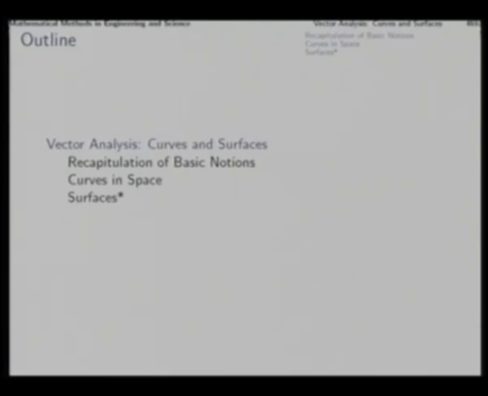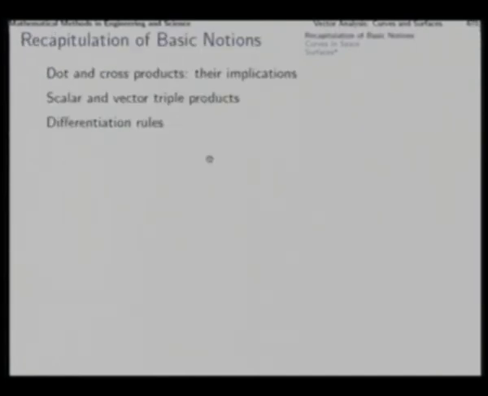So, the first section of this chapter of the textbook recapitulates the basic notions of the vector algebraic relationships. We will not go through the details of that, but I advise that you go through those things before following this particular lecture.